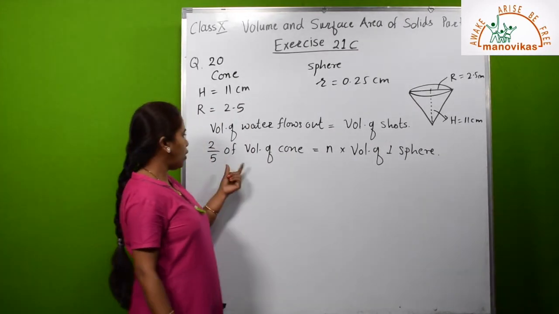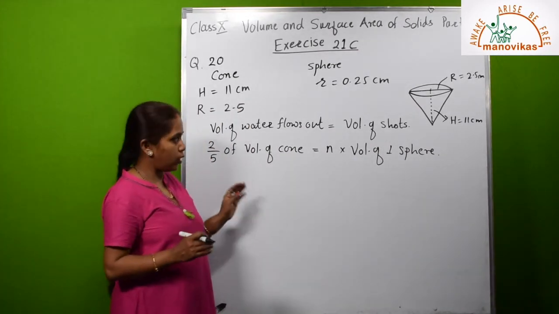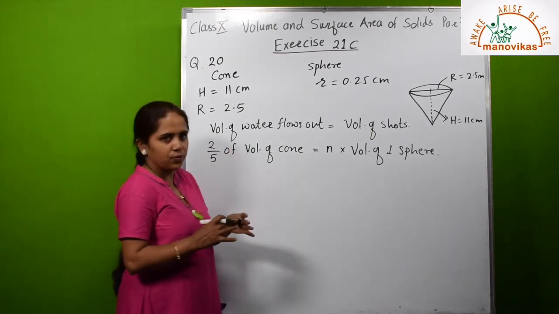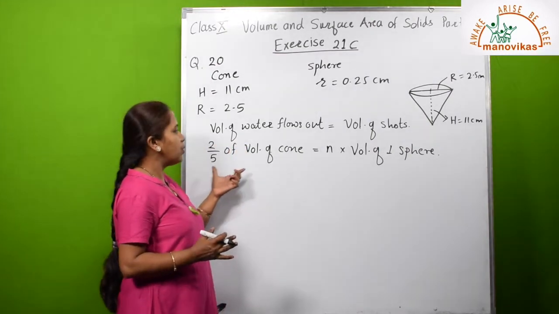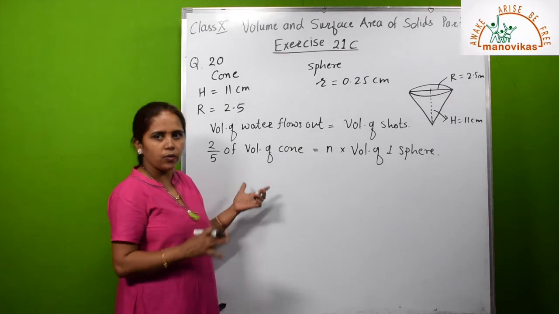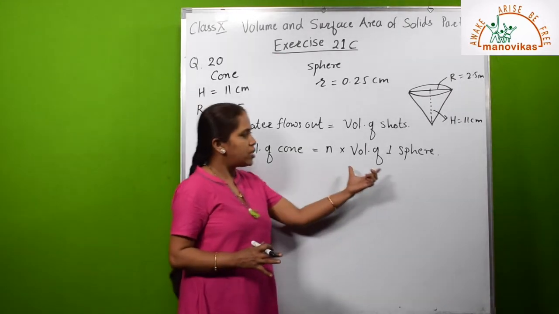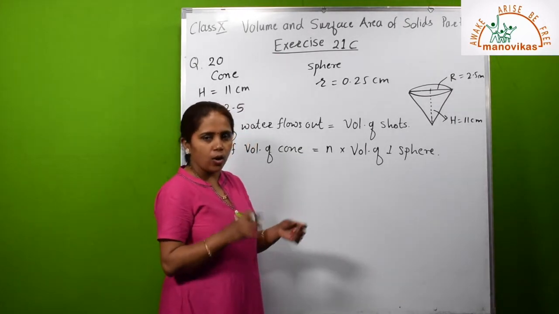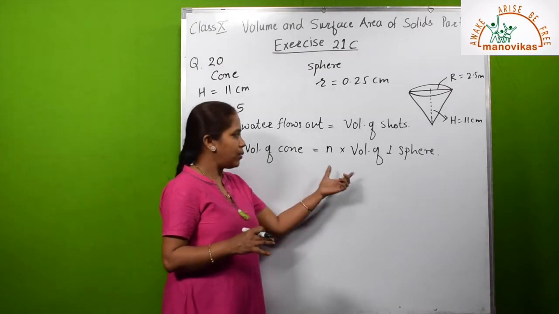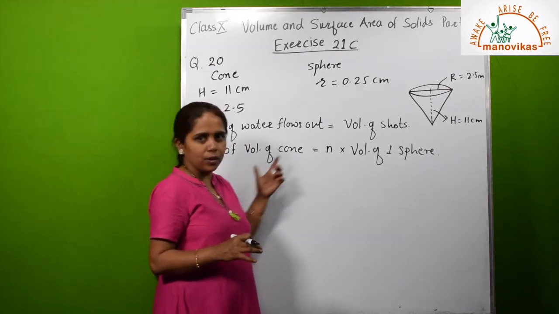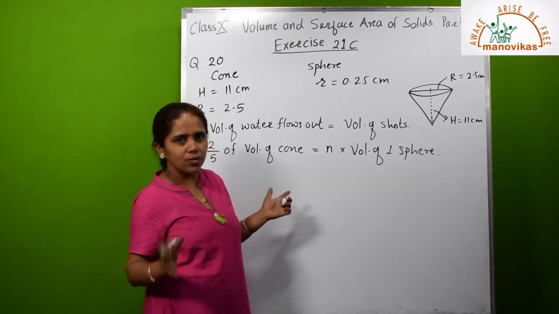Okay, the volume of water which flows out is 2/5 of the total, that is the volume of a cone. And however many spheres we drop in the water, that many spheres' volume is nothing but the volume of water which flows out.